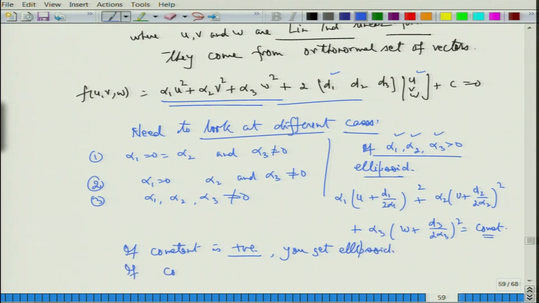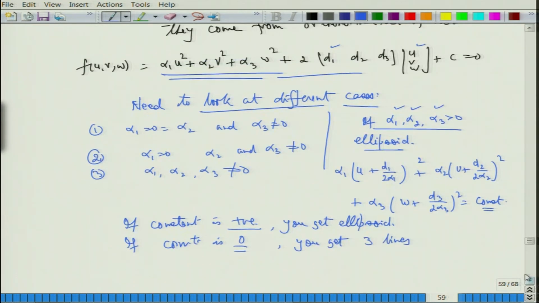If the constant is 0, fine, you get 3 lines: u plus d1 upon 2 alpha 1 is 0, v plus d2 upon 2 alpha 2 is 0, and the third one. So, you get a point of intersection of those lines.